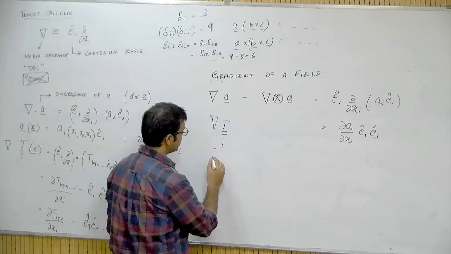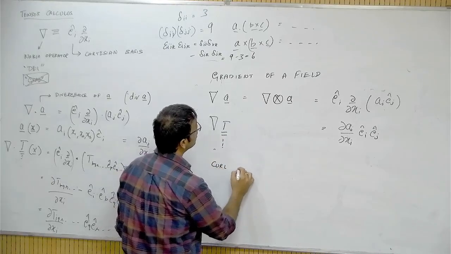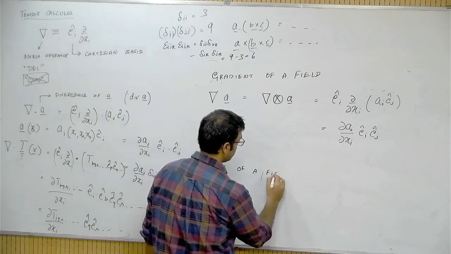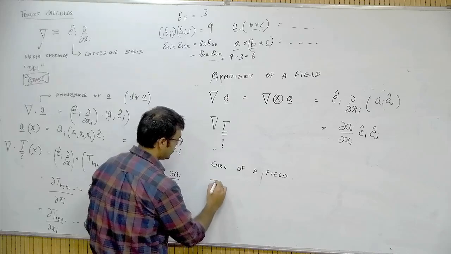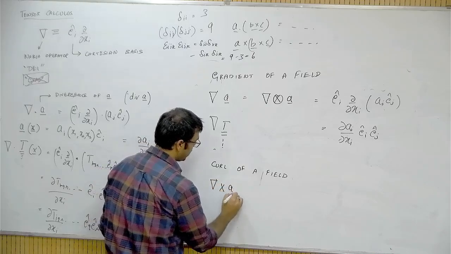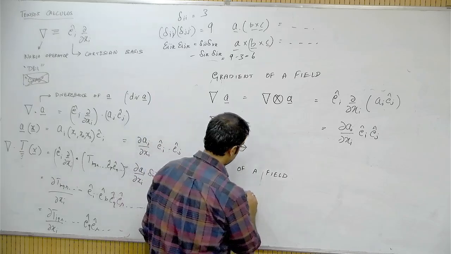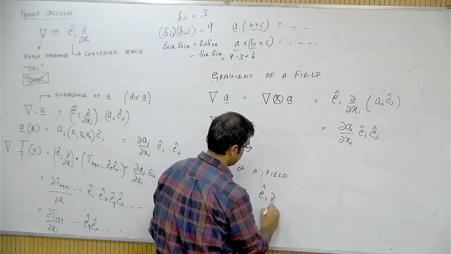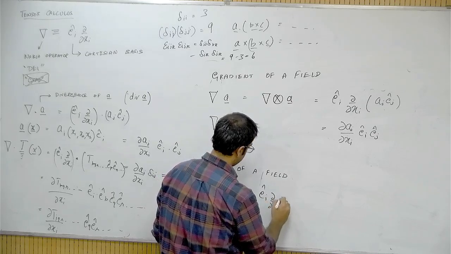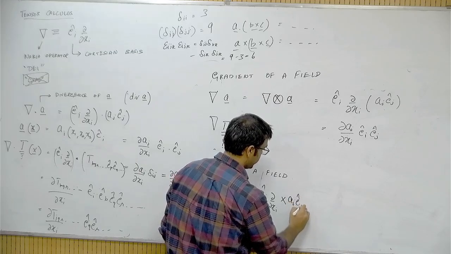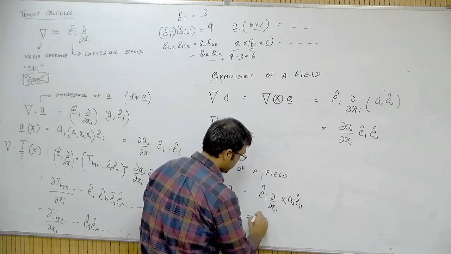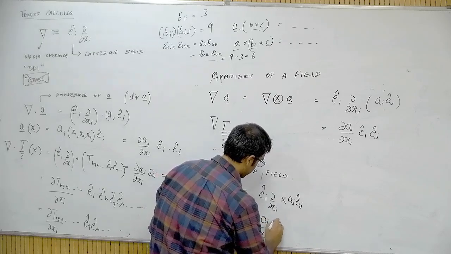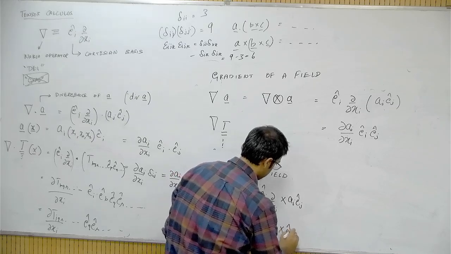Another operation that we can define is the curl of a field, and the curl is defined as del cross A, where you get e hat i del by del xi cross aj e hat j, which again becomes del aj over del xi e hat i cross e hat j.